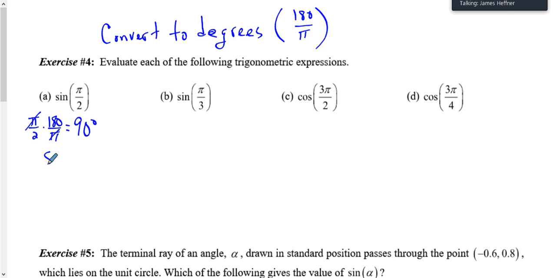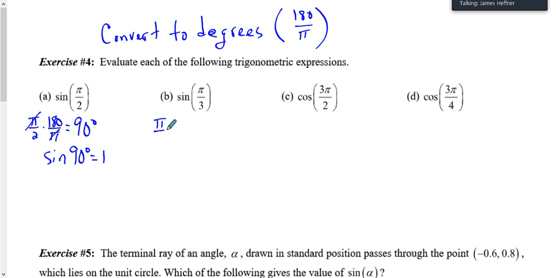Okay, what's the sine then of 90 degrees? Remember that one from the page before? Sine of 90 would be 1. Okay, so we have that other chart that we filled out earlier too. All right, sine of pi over 3 radians. Pi is 180, right? And we could do it this way.